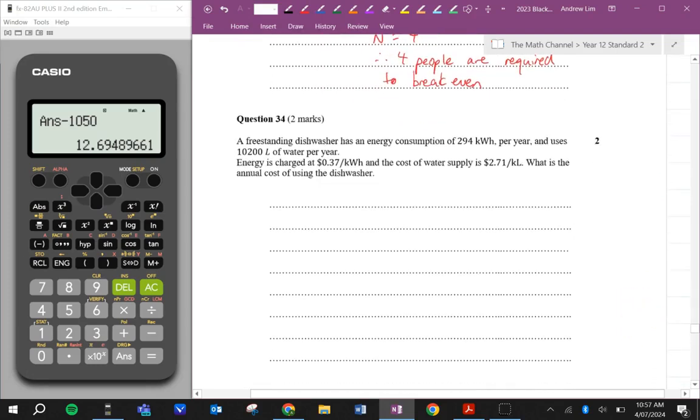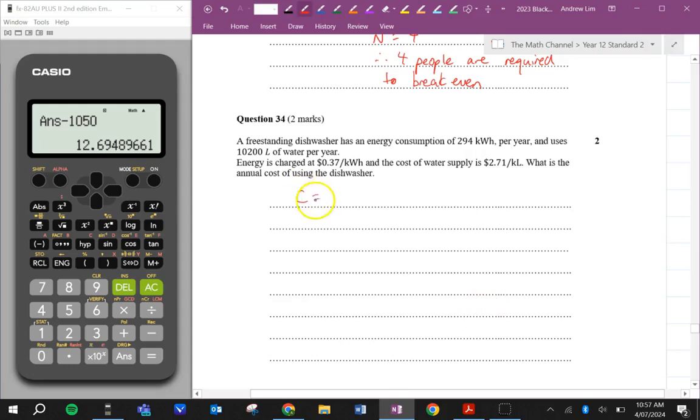A freestanding dishwasher has an energy consumption of 294 kilowatt hours per year and uses 10,200 liters of water per year. Energy is charged at 37 cents per kilowatt hour and the cost of water supply is $2.71 per kiloliter. What is the annual cost of using the dishwasher?